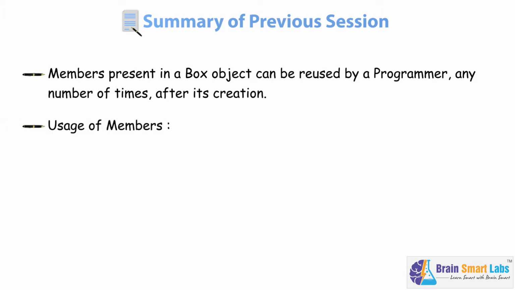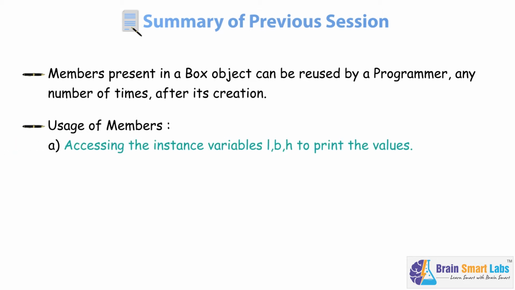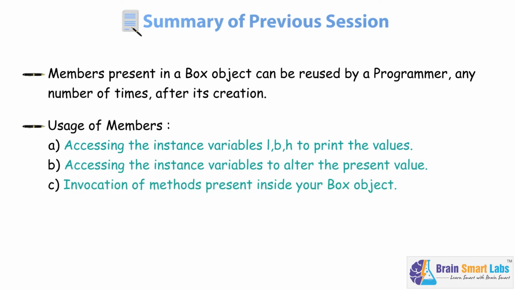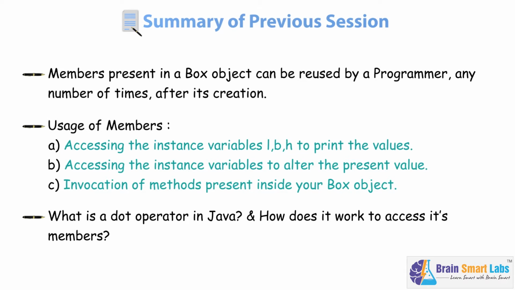Usage of members here includes accessing the instance variables l, b, h to print the values, accessing the instance variables to alter the present value, and last but not the least, invocation of methods present inside your box object. In our previous class, we also saw what a dot operator in Java is, and we understood how it works to access members, without which we cannot work in OOPS.